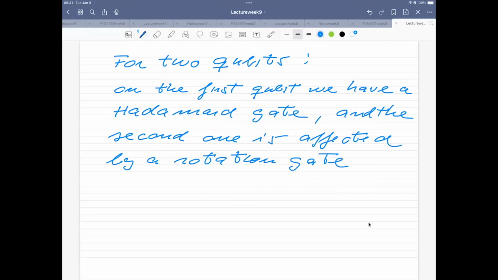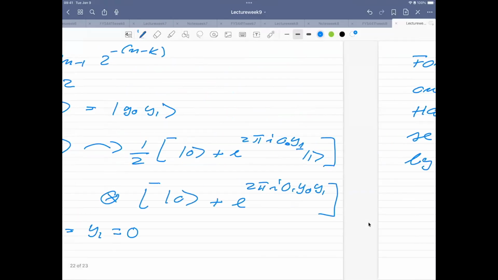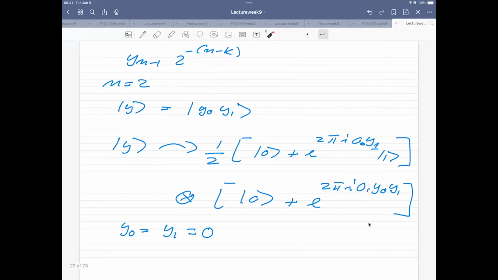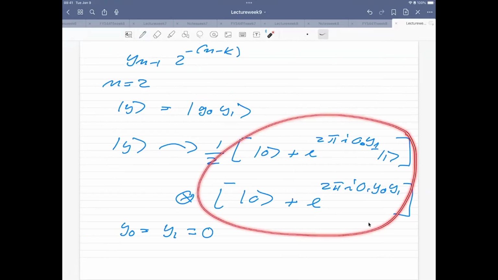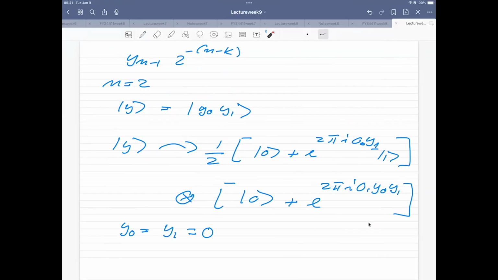And so this is roughly where we will stop today. Next week, we are going to write down the circuits for the 2-qubit case and the more general case with more than 2 qubits. The whole trick now is that we have rewritten everything in terms of operations with specific gates, like Hadamard gates and rotation gates, instead of performing a matrix-matrix multiplication, which is what you would set up for a discrete Fourier transform.